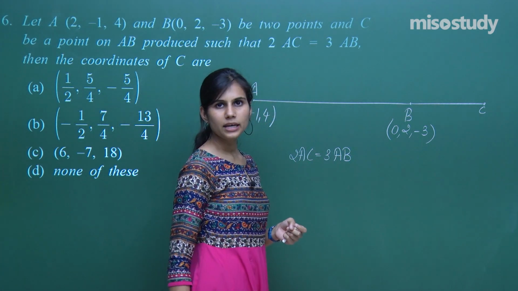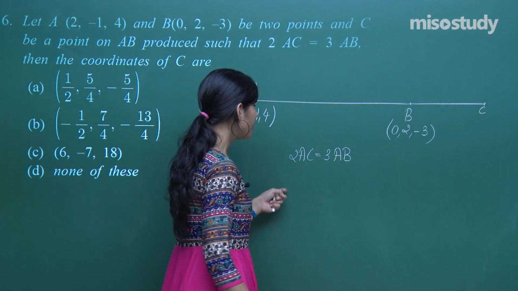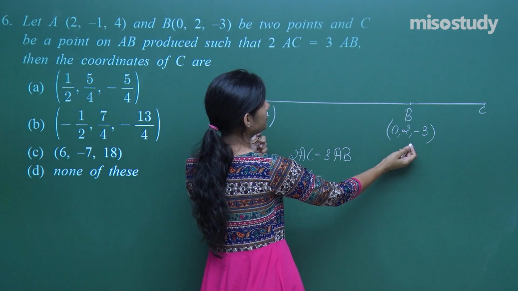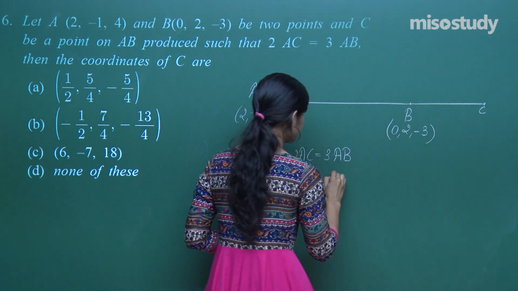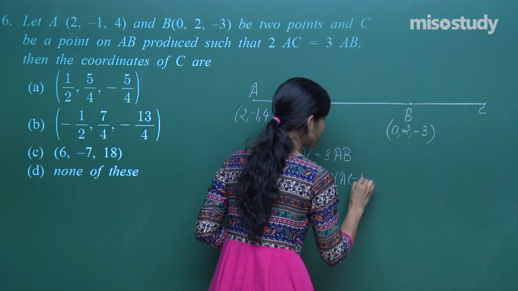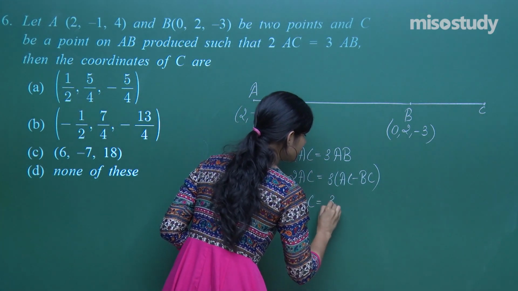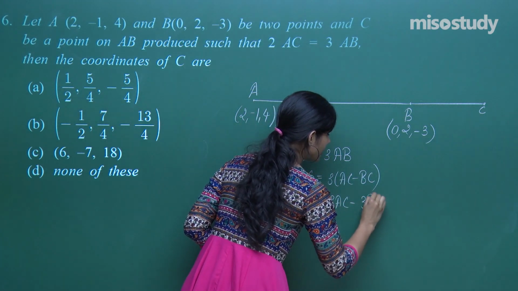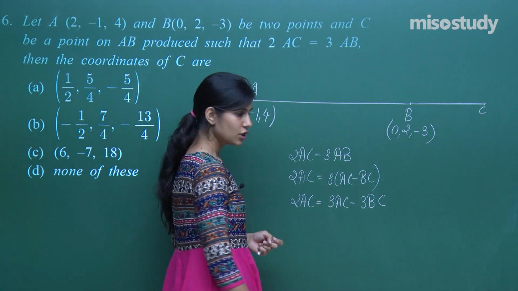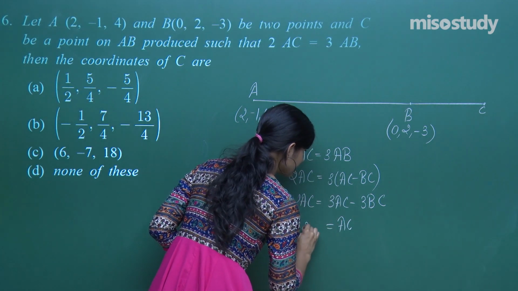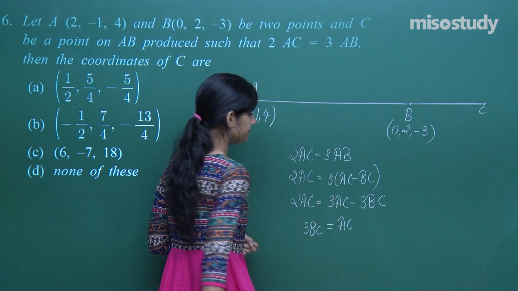Somehow the section formula is being signaled to pop up. I am going to manipulate this expression. AB can be written as AC minus BC. So twice AC equals thrice AC minus thrice BC. So 3AC minus 2AC is AC, and this is 3BC.